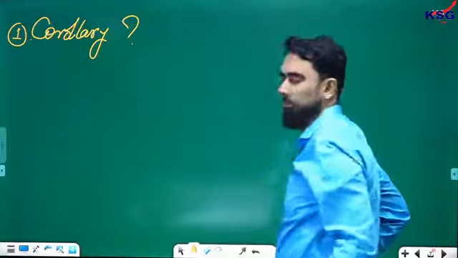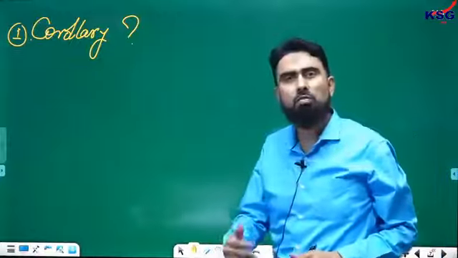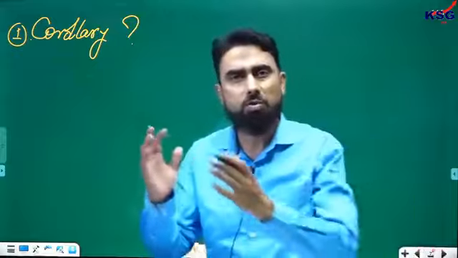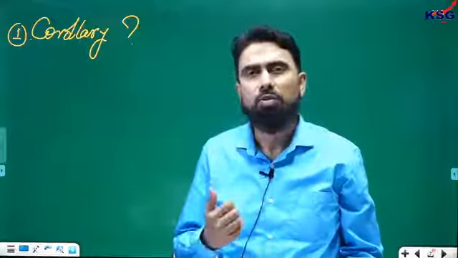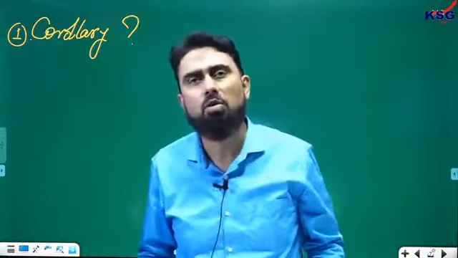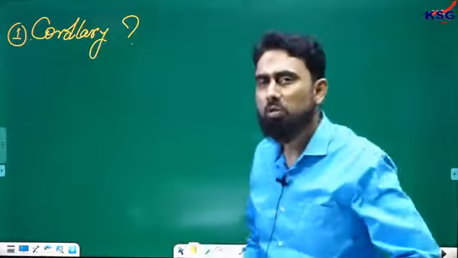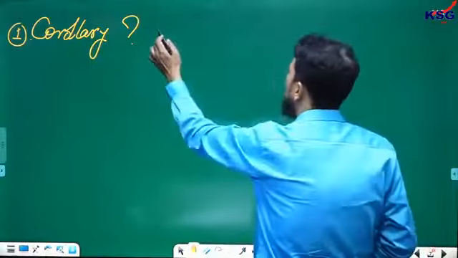First logical question. What is a corollary? If so, first thing, what kind of information does it require? So what does it mean? The first thing, corollary, if you go by the dictionary meaning, means consequence, outcome, right? So it's a consequence and outcome, but a consequence of what?